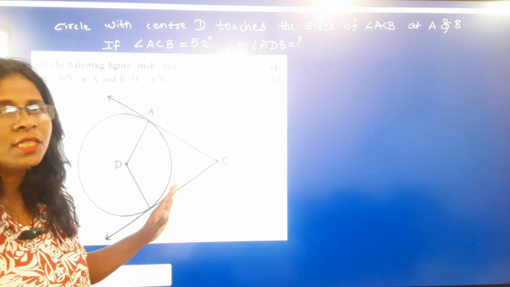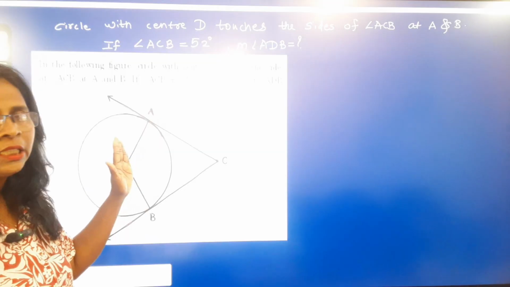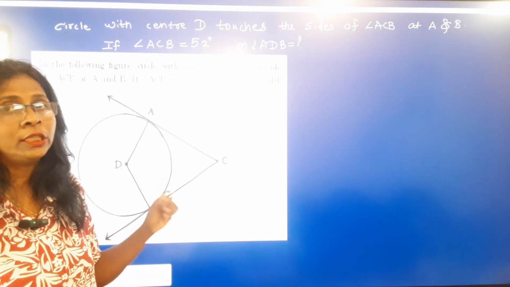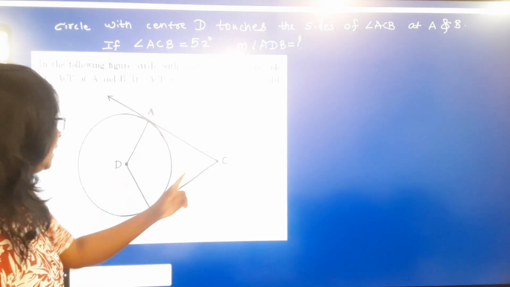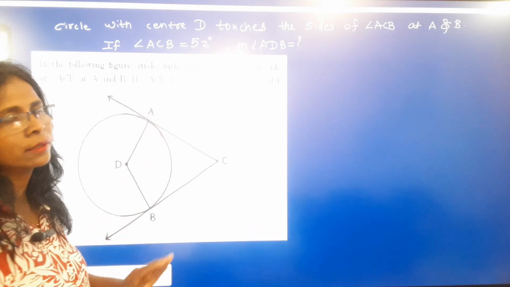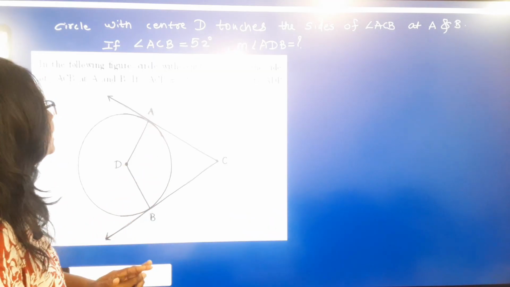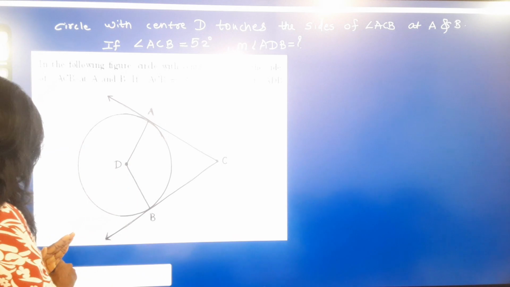But here students, this figure is a quadrilateral. ACBD is a quadrilateral.